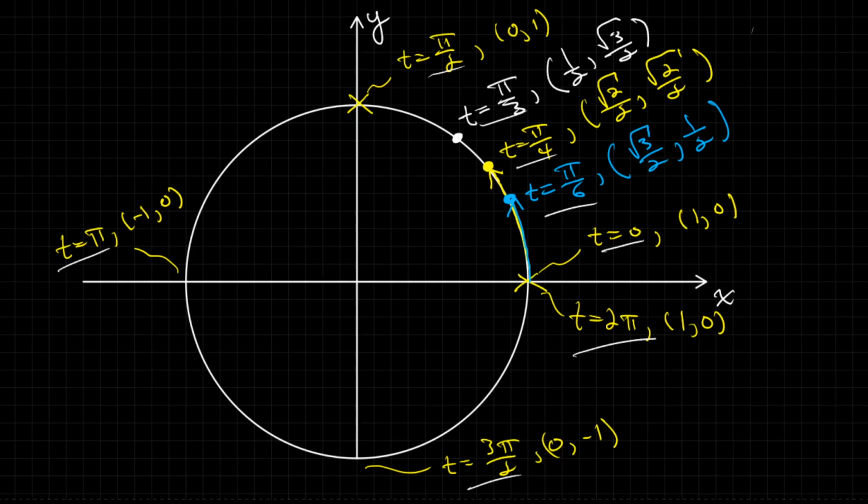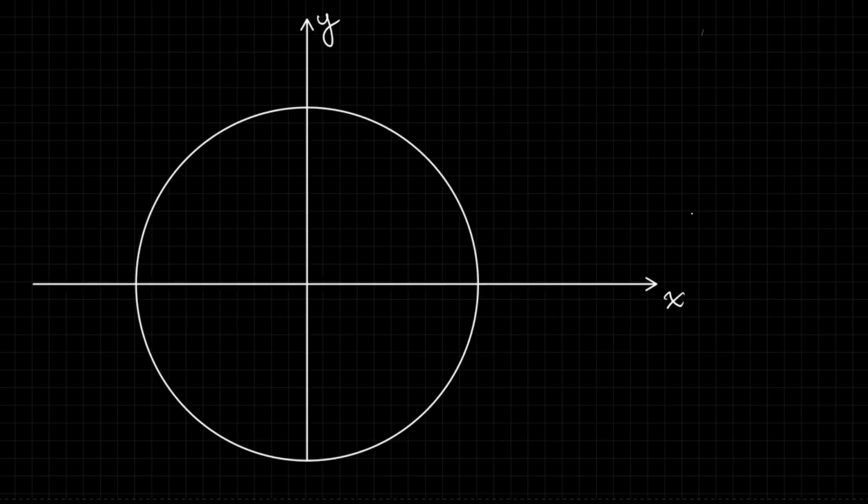So let's get to a page that's not so busy with the unit circle. And let's imagine that I start at (1, 0) and I travel along the unit circle halfway, and then I go pi over 4 more.